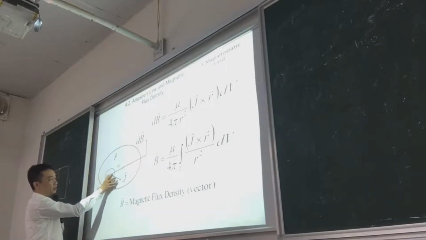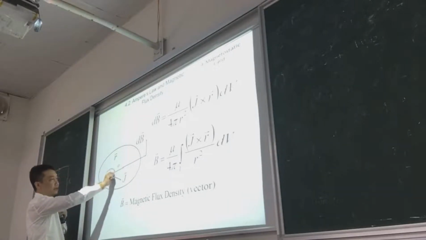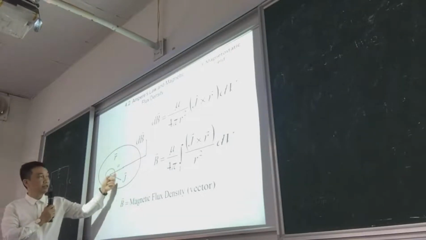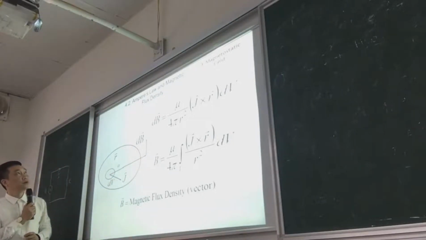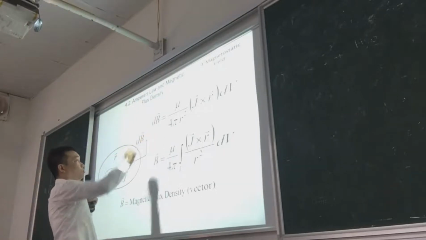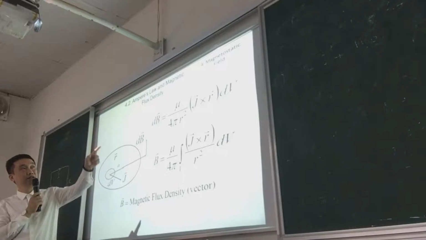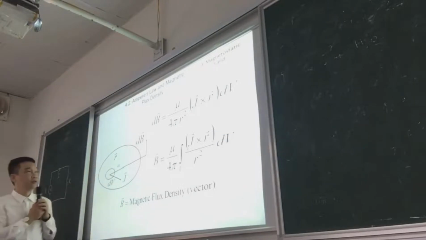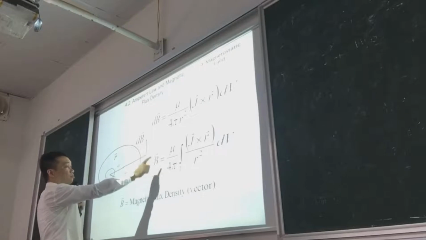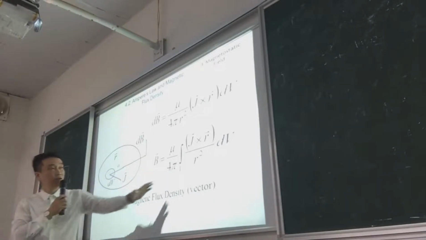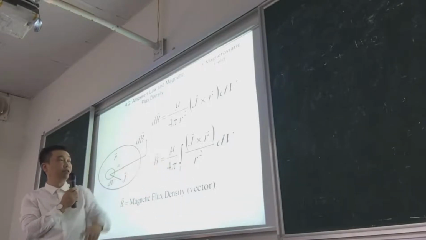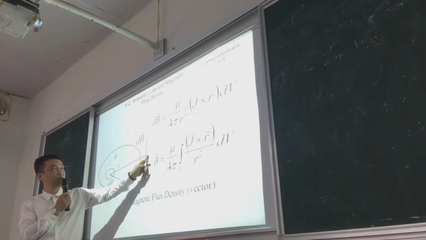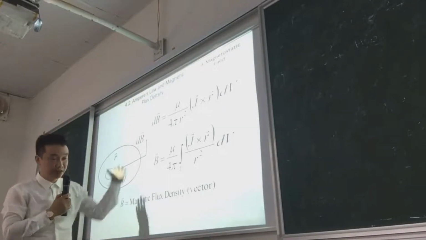And vector R and J form an angle alpha, so alpha is the angle between the current density and the vector R. For the Ampere law, you have dB equal mu over 4 pi r squared, J cross r dV, and then you take the integration over the whole volume V. You obtain the total B at the point R as mu over 4 pi times the integral over V of J cross R over R squared dV, where R is the distance from the source to the point where we calculate the magnetic field.